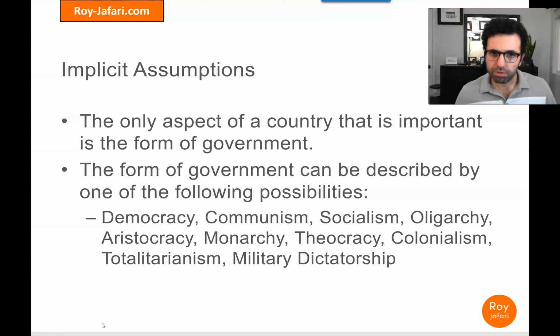And we are also implicitly assuming that we can only describe these countries by one of these predetermined possibilities, and that all of the countries in the world can be fairly described by these possibilities. It's not the case that one country can be described by a new possibility that is not listed here, or that a country can be described by a combination of these possibilities.